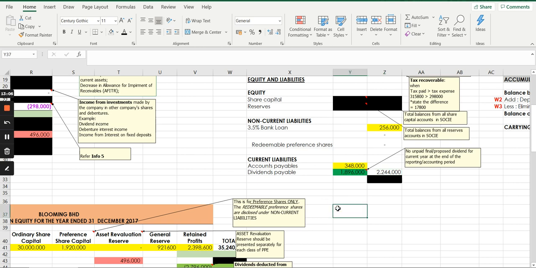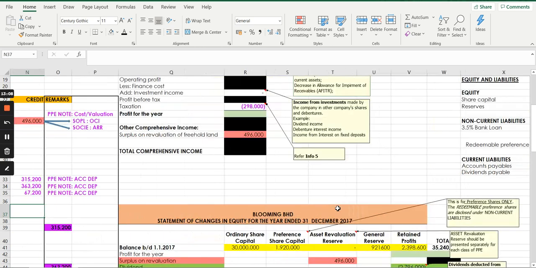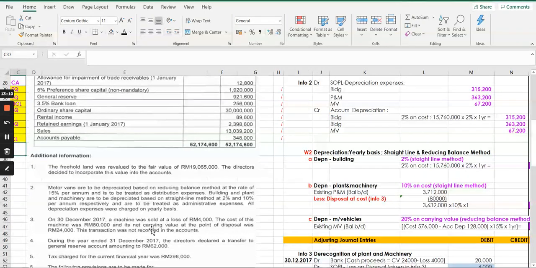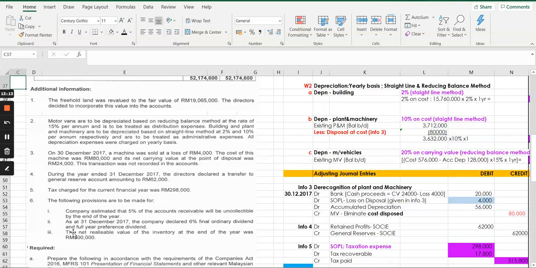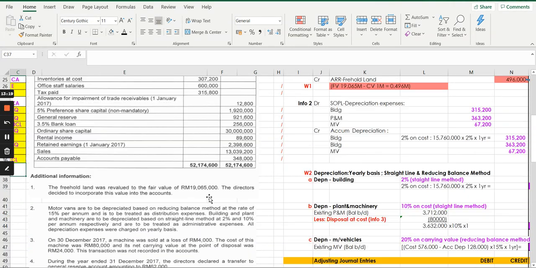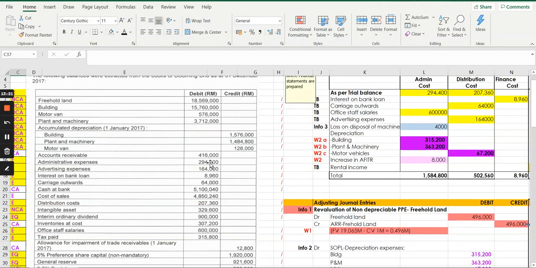Now, last one, a few more things to do. We are almost done actually. Okay, the last item is on NRV of the inventory. You have the net realizable value of the inventory. That was 300,000. For the dividend that you have done, make sure you have done the checking here.